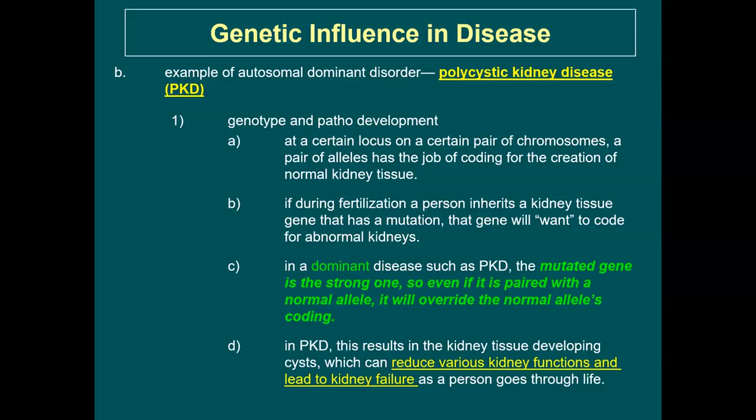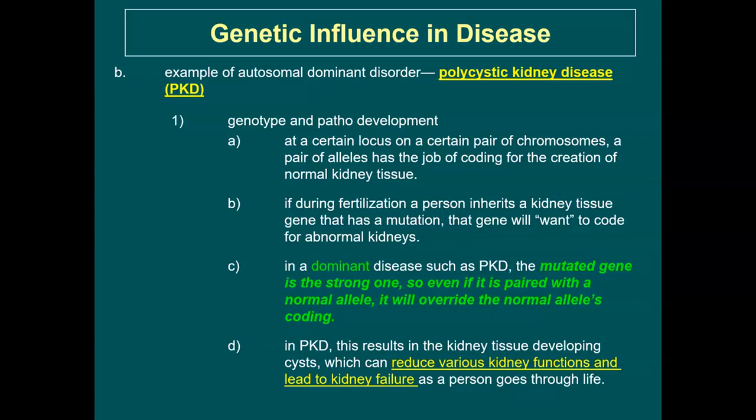So what happens to individuals who have this dominant, abnormal, or mutated gene? Well, this gene will code for tissue cysts, or an abnormal tissue that consists of cysts.